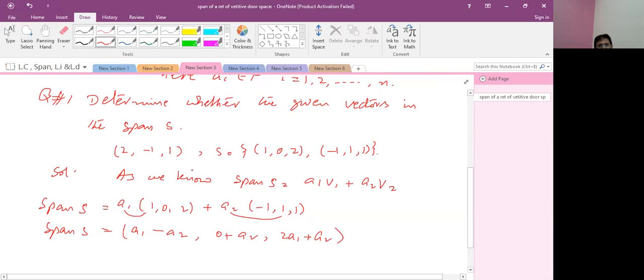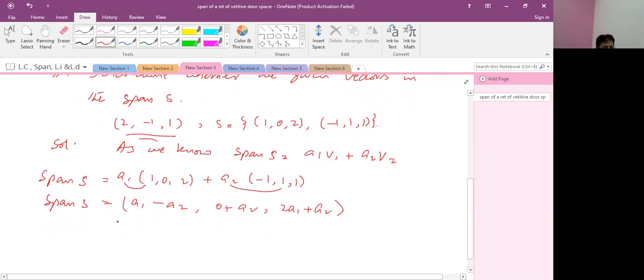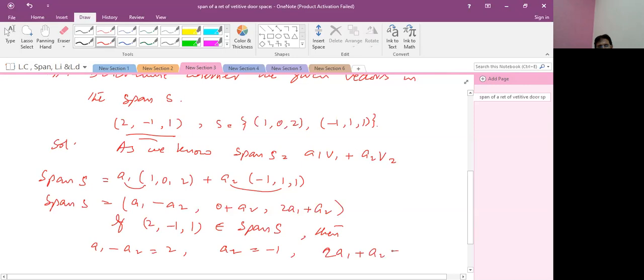If we apply the condition, students, so if (2, minus 1, 1) belongs to the span of S, then a1 plus a2 is equal to 2, a2 is equal to minus 1, and 2 times a1 minus a2 is equal to 1.